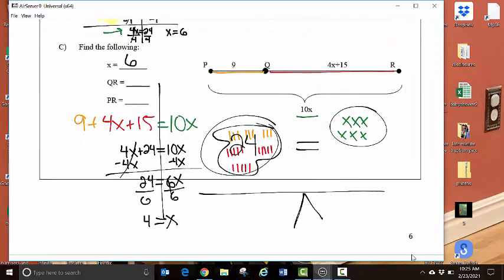If x is 6, now we could plug it in. QR is 4 times 6, which is 24, plus 15. 24 plus 15, you would have 39. And PR, what did I do? Oh yeah.